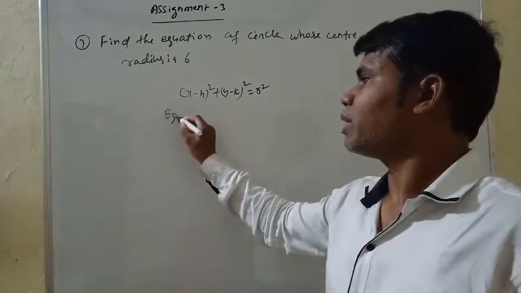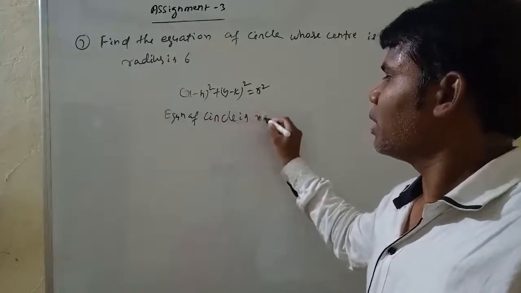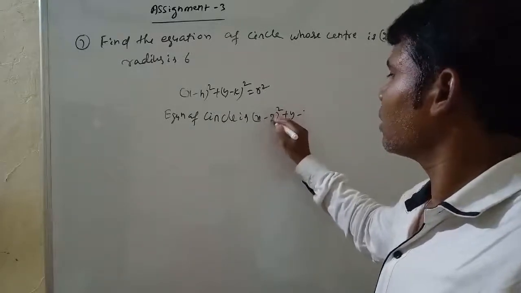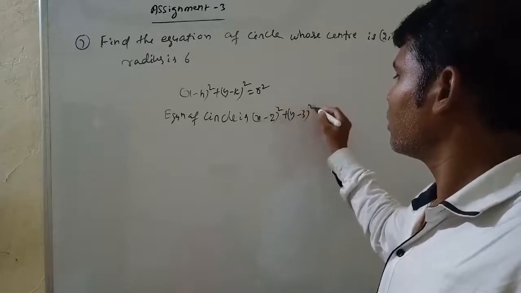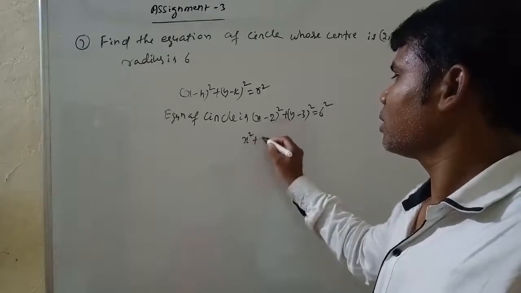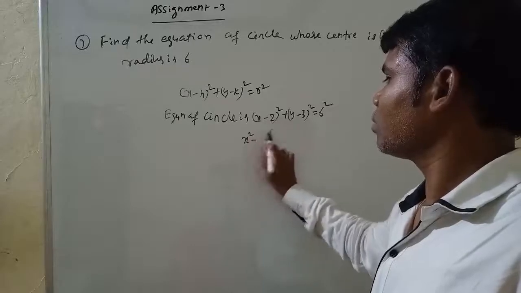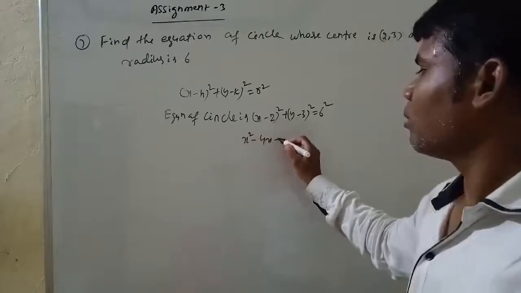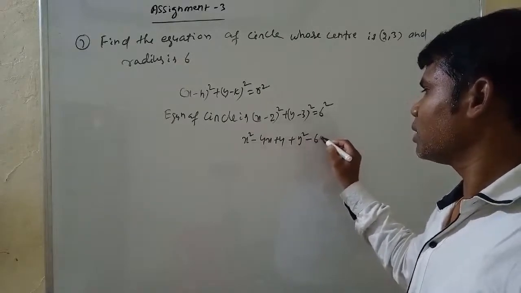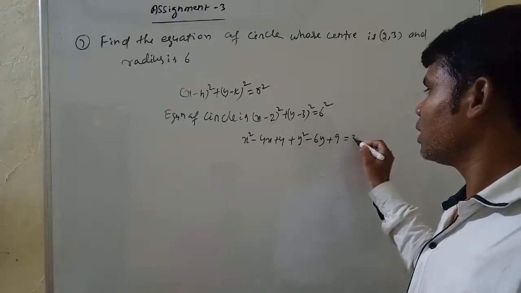That means equation of circle is x minus 2 whole square plus y minus 3 whole square is equal to 6 square. That is x square minus 4x plus 4, 2ab, that is 4x, plus y minus 3 whole square, that is y square minus 6y, 2ab, 6y plus 9 is equal to 36.